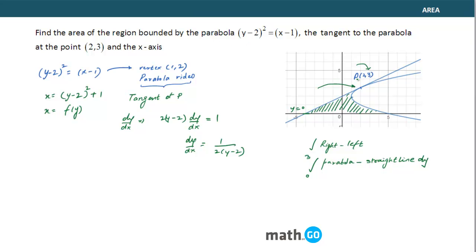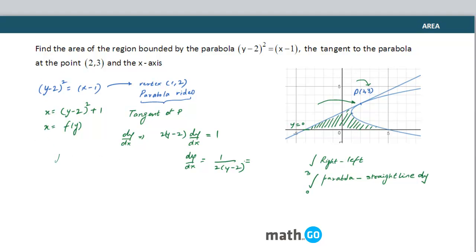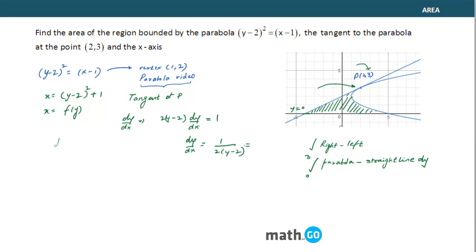And if you put the value of 3 here, what will be the value of dy by dx? Yes, dy by dx at P comes out to be simply 1 by 2.